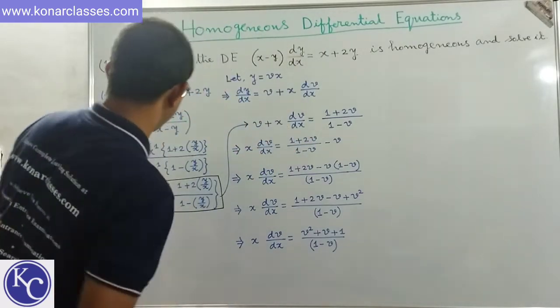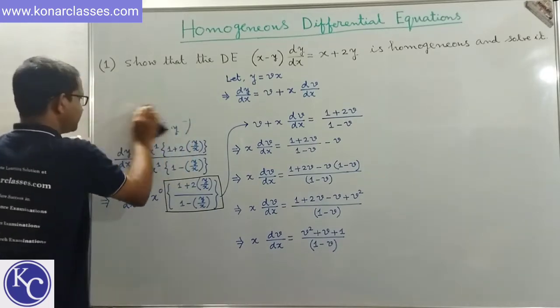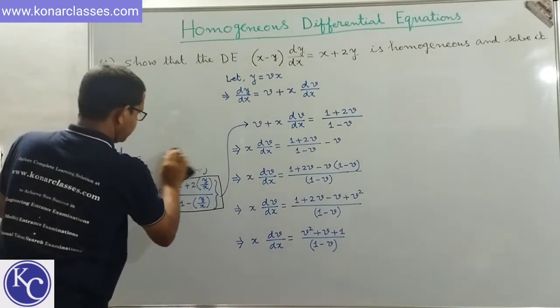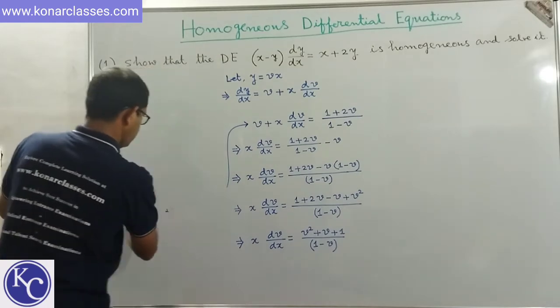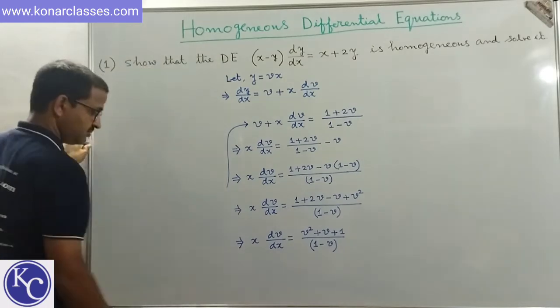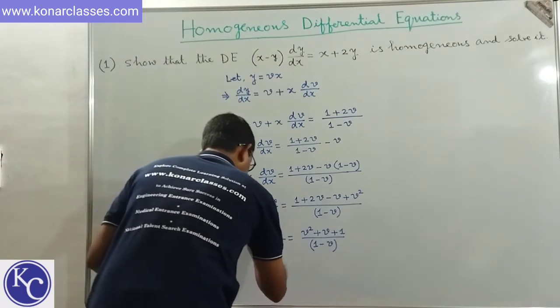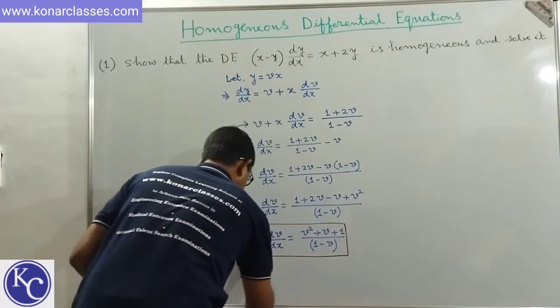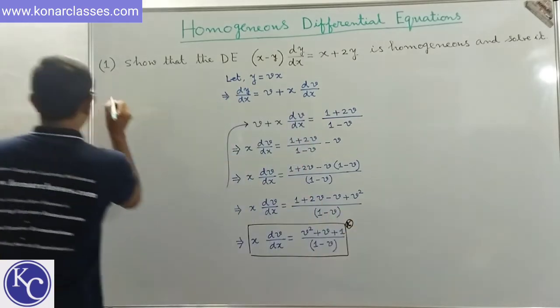Okay, so from here let's come back to this particular one, because this integration will need some space. Let me write it here. So from this one we are coming to this portion.